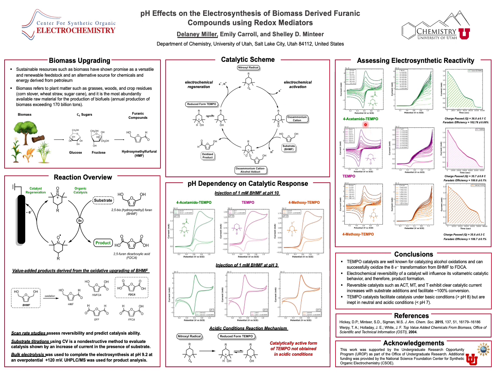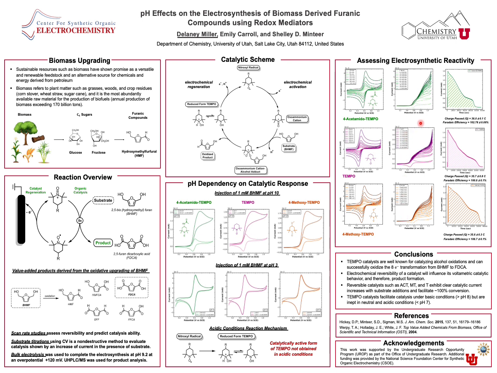Our further results have shown similarly at pH 9.2, where we are able to see catalysis occurring, as well as with our injection of BHMF. As our substrate concentration increases, we are able to see plateau and increase in current, indicating catalysis.